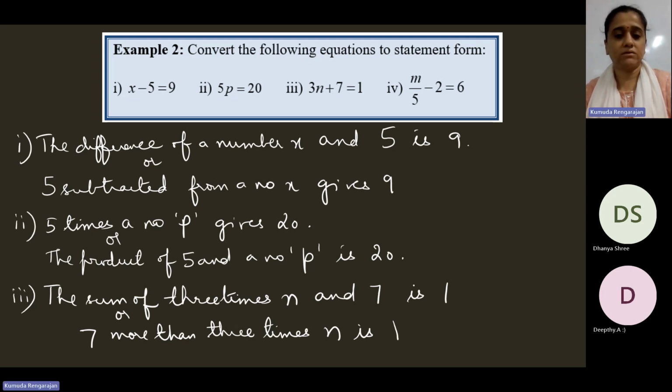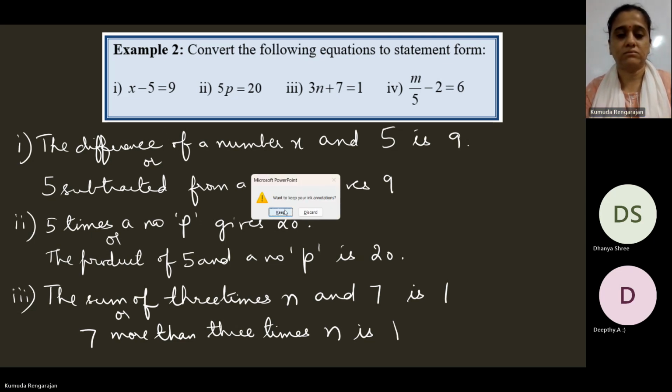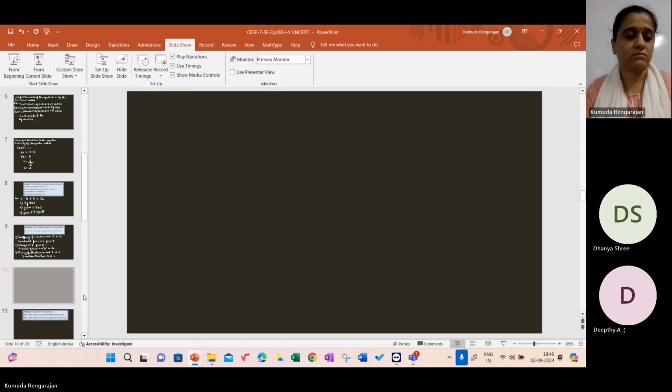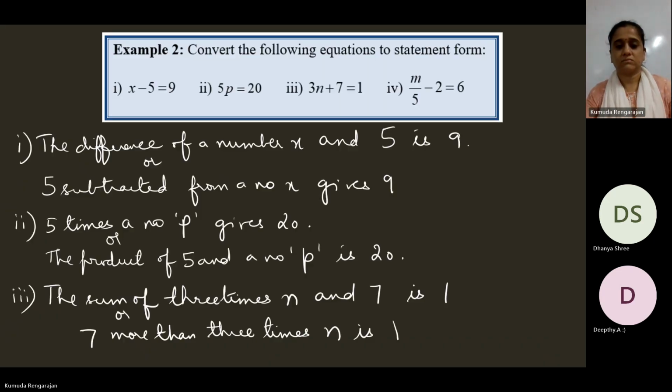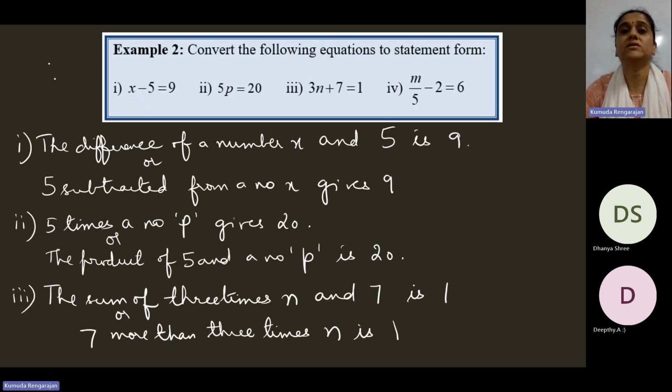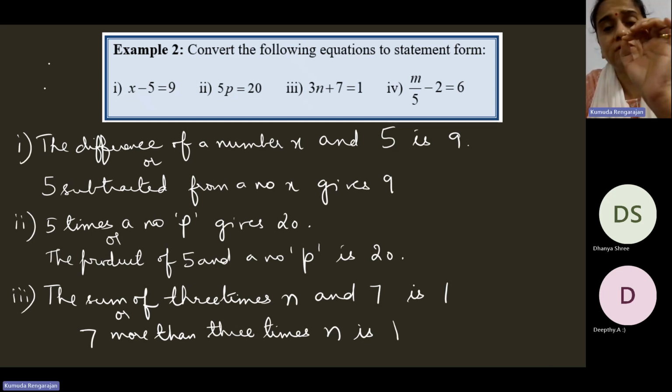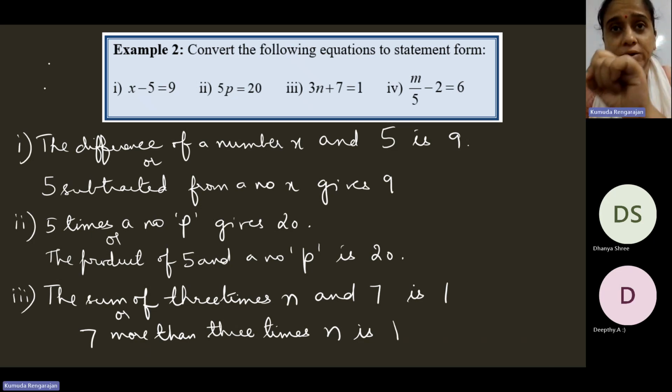Okay, next one. Yes, Ovia. If we subtract 2 from, you've written 1/5 into m, meaning INTO into.